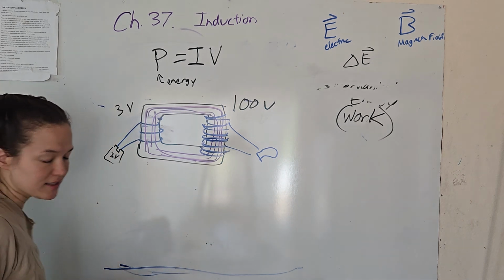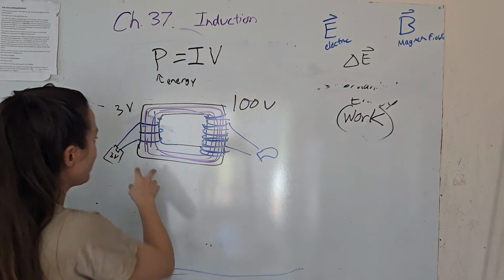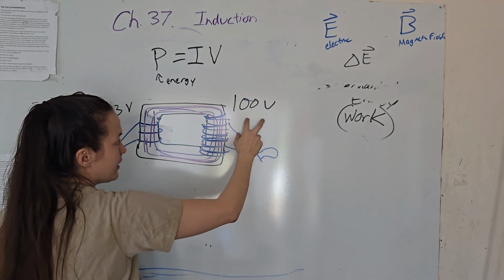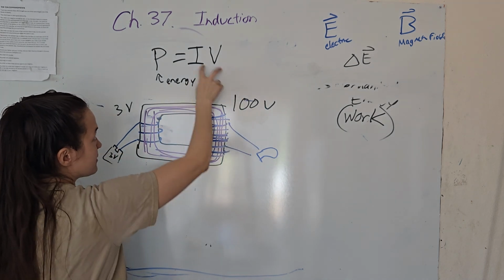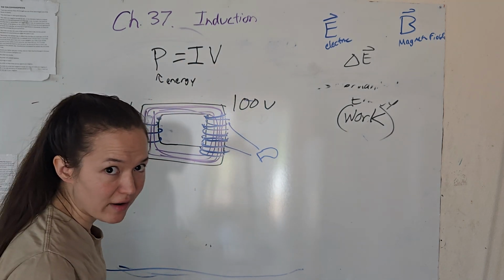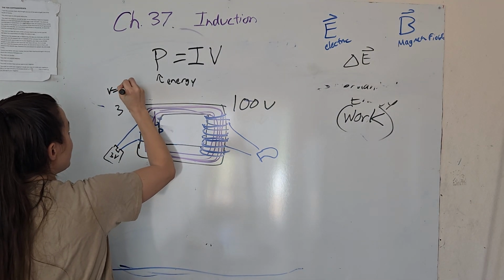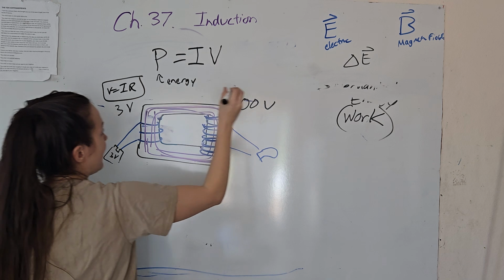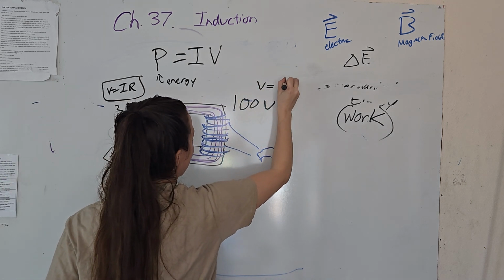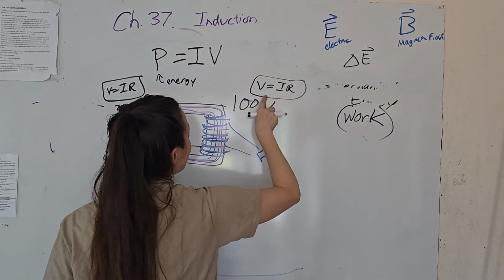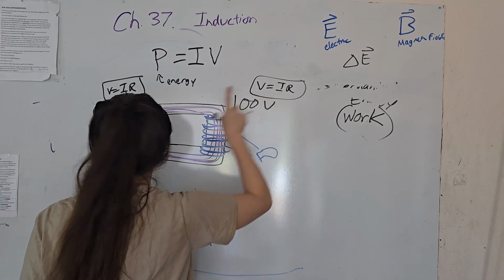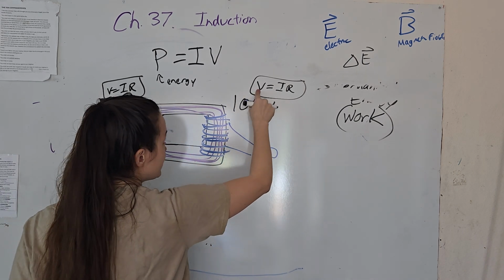The reason is because, remember we said that the current is much greater when the voltage is lower, because it has to equal this. But this does not violate Ohm's law. You might have said, wait, I remember from Ohm's law that the bigger the voltage, the bigger the current.